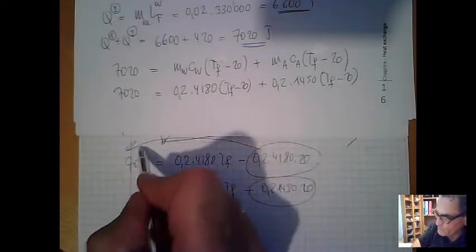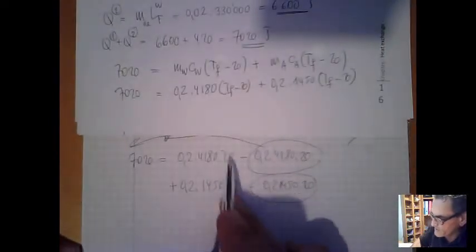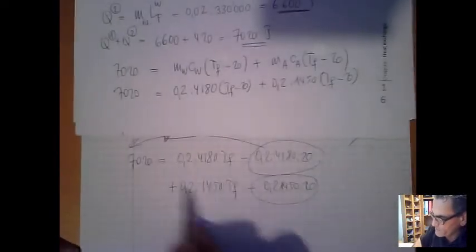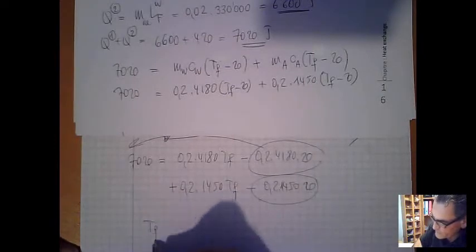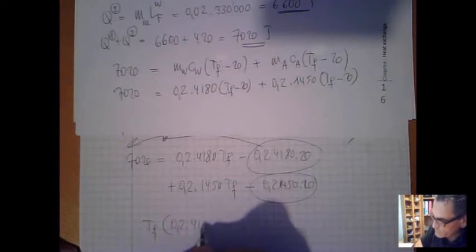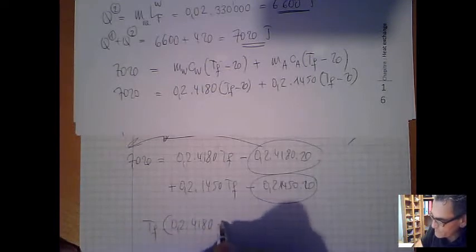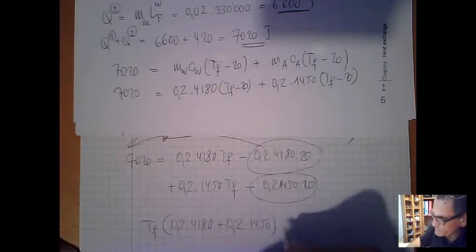Okay, so these two terms here, which are numeric, we will throw them to the other side, and then we will have TF multiplied by these two guys. So it's going to be TF times (0.2 times 4,180 plus 0.2 times 1,450).